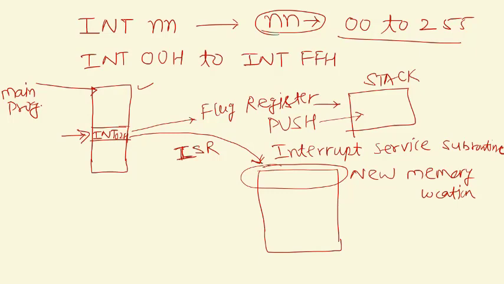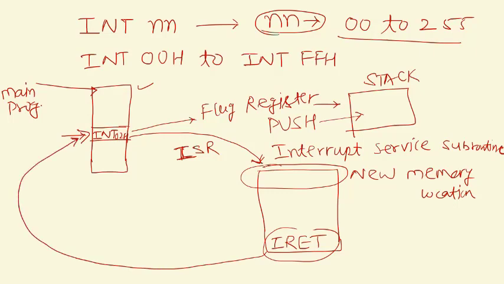Okay, so interrupt service subroutine is going to be executed, and at the end of this program there will be an instruction like RET, there will be IRET, interrupt return. Then after execution of this IRET, program control will return to the main program.